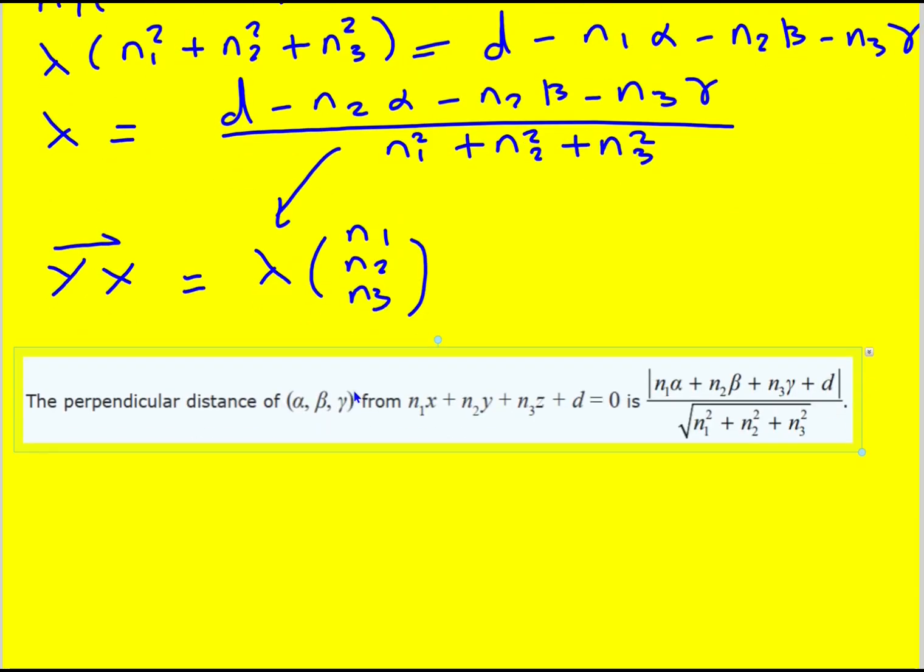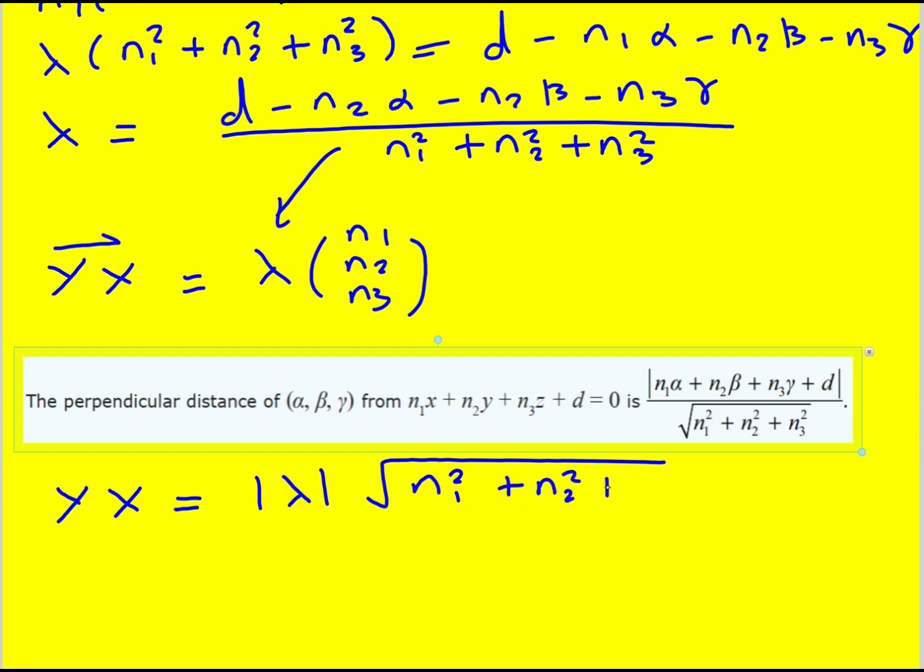So now, finally, if I want to find the magnitude, then it's going to be the modulus of lambda. If it's negative, it's just going to become positive. That's what we're saying here. And then we can use 3D Pythagoras here. So the square root of n1 squared plus n2 squared plus n3 squared.